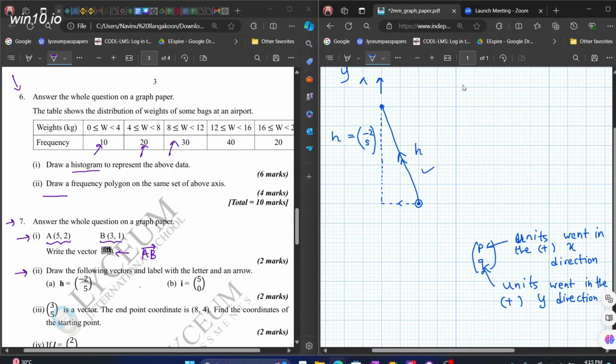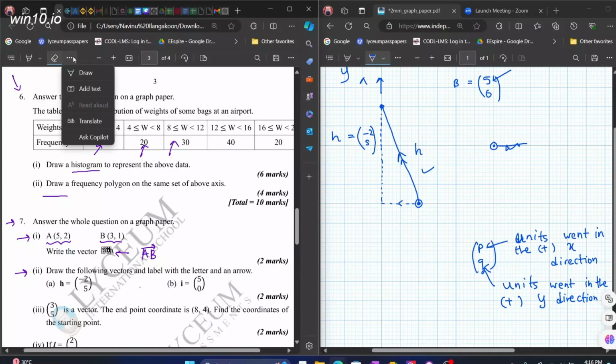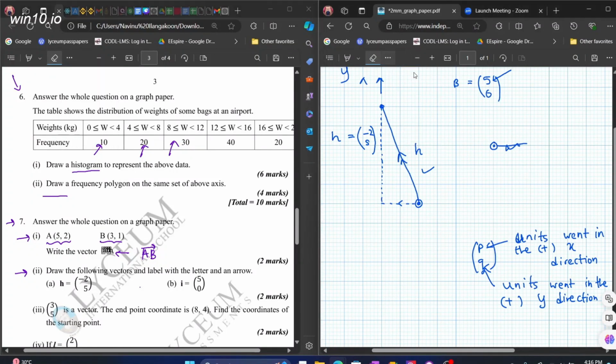Okay, then we have to mark the b vector. b is (5, 0). The meaning of this is positive x direction, we go 5 units. So if we start from here, we can draw it in dotted lines.